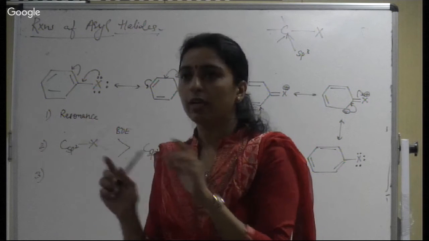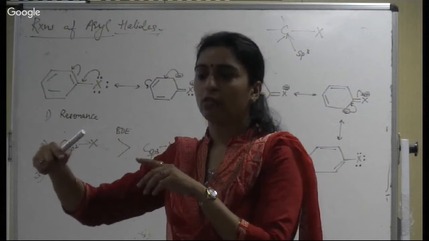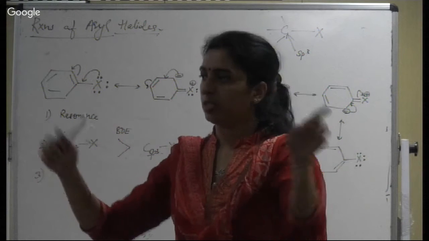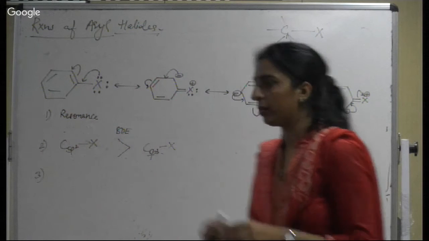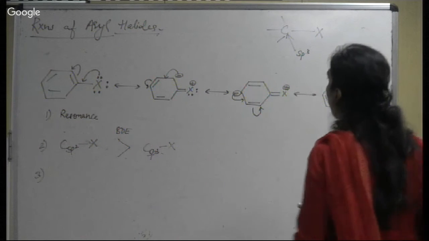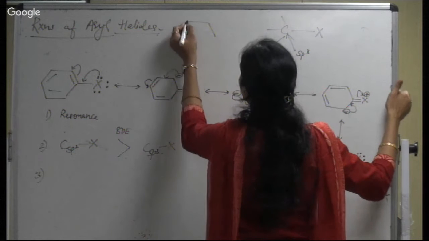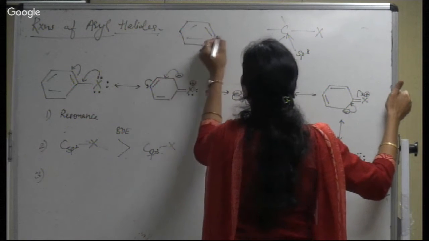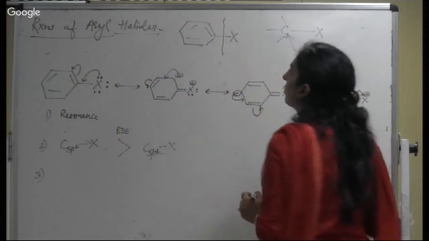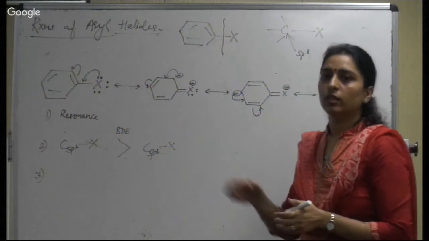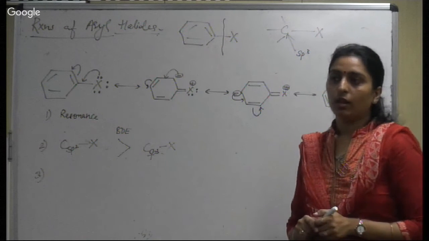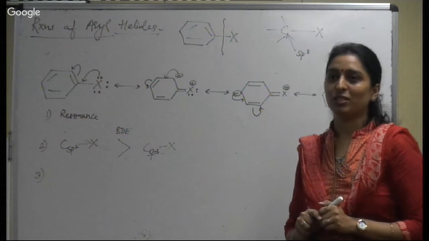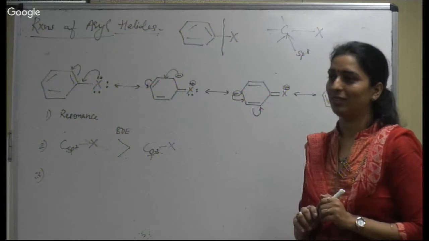In SN2, the nucleophile will attack from the back side, halide is lost, a simultaneous process, the reaction completes in a single step. You are aware. Can we do this in the case of aryl halide? Can we break this bond just like SN1? This will be a phenyl cation, a highly unstable species, so it will not be formed.